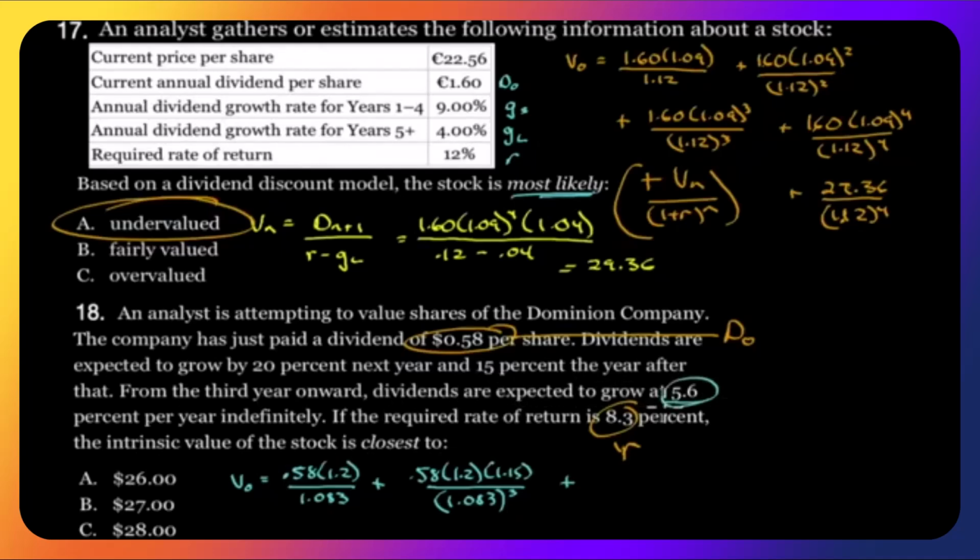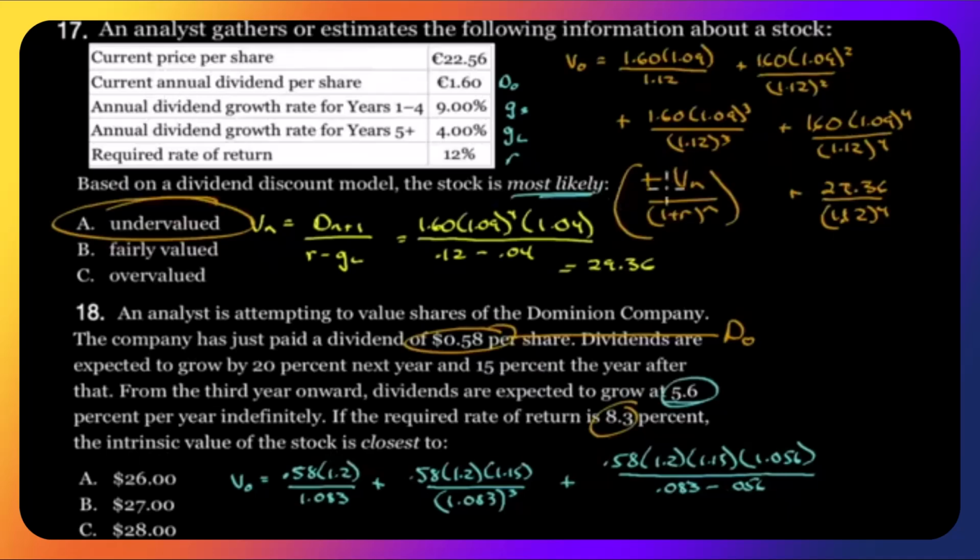Dividends are expected to grow at 5.6%. So at this point, I have this term up here that I have to replicate down here. So let's do my Vn over 1 plus r to the n. My Vn is going to be my dividend, 0.58, 1.2, 1.15, and the third growth rate, 1.056, over 0.083 minus 0.056.